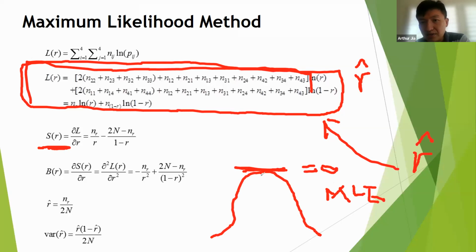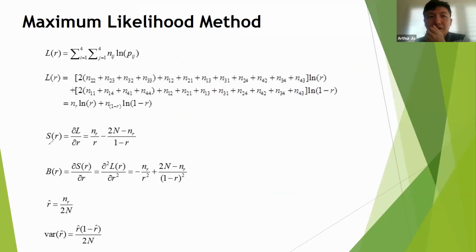And this slope of 0 identifies the R hat, which can maximize your log likelihood function. Does that make sense? Any questions here? This is always what we want to do to find your MLE: you take the first derivative.